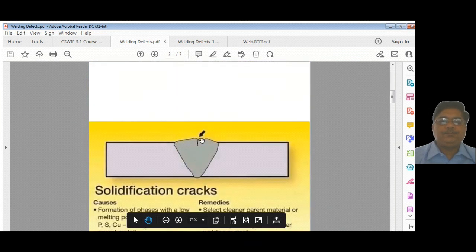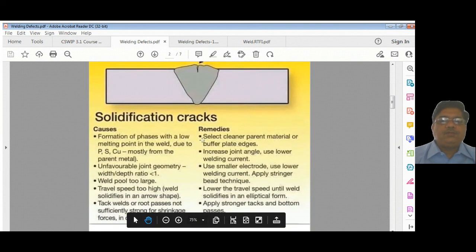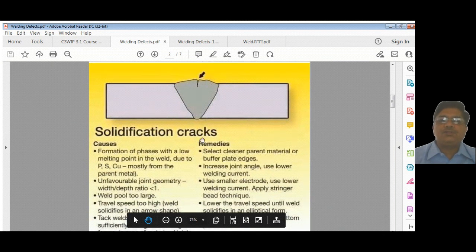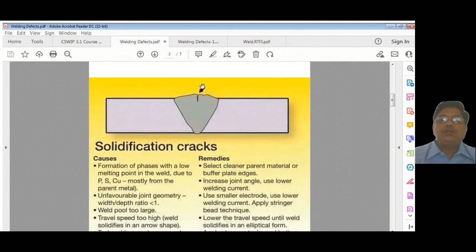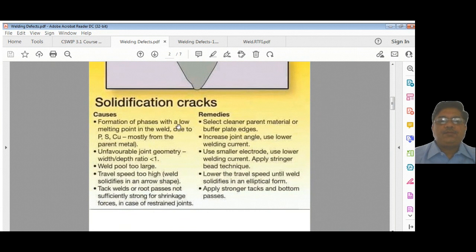So what are solidification cracks? Solidification cracks you can see usually in the capping. They come from the formation of phases with a low melting point in the weld, due to phosphorus, sulfur and copper mostly in the parent material. The weld may pick up such material, and it is going to give you a crack. Other causes are unfavorable joint geometry, as I said, width to depth ratio, and a weld pool that is too large.